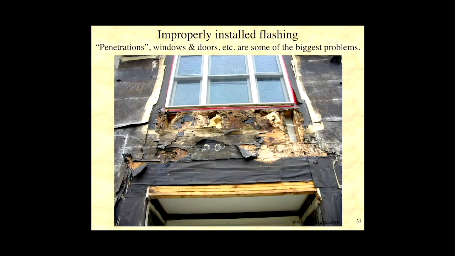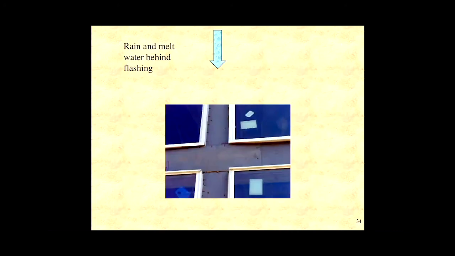You all know water follows gravity most of the time. There are some times where you can get particularly wind-blown rain that will even blow upward that you have to be careful of, but that's not the situation here. It was just improperly installed flashing. Okay. Here we go.